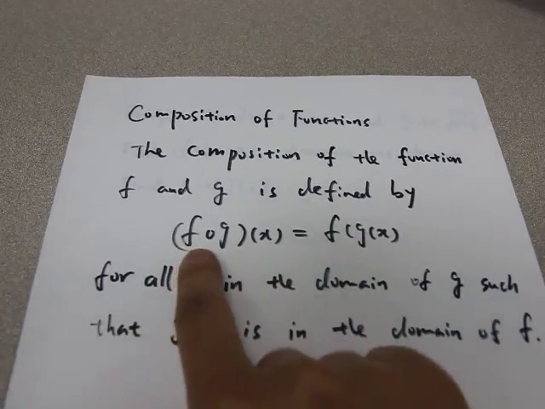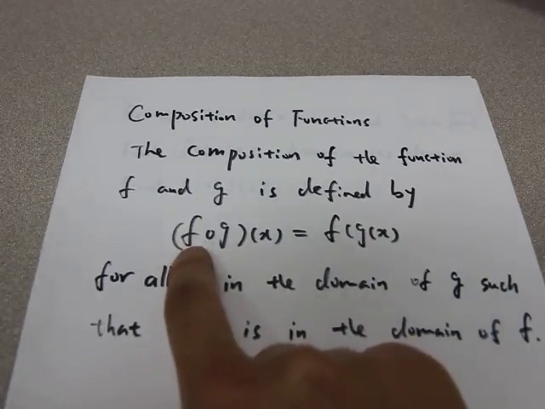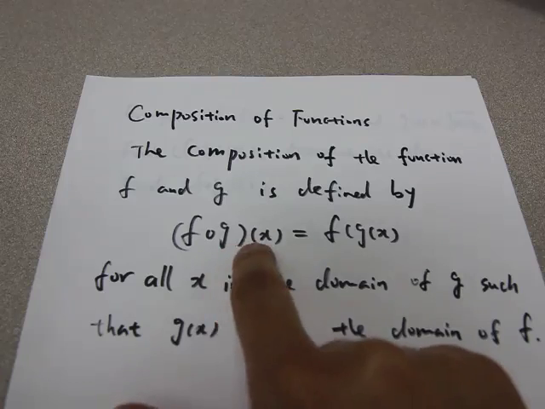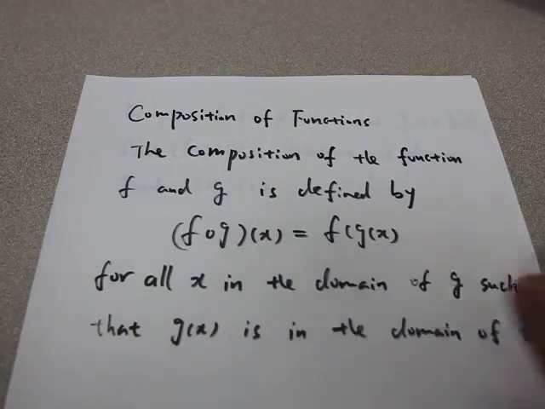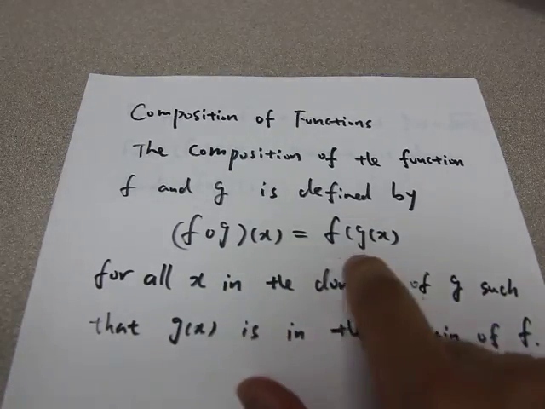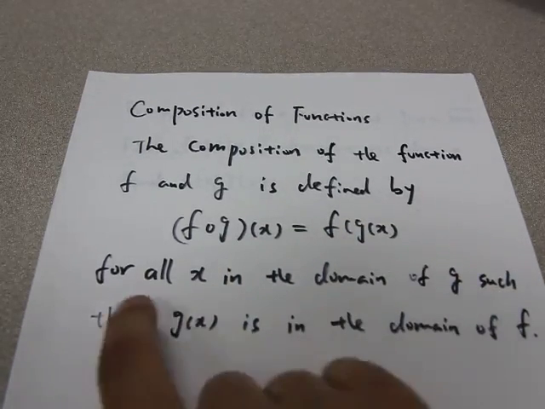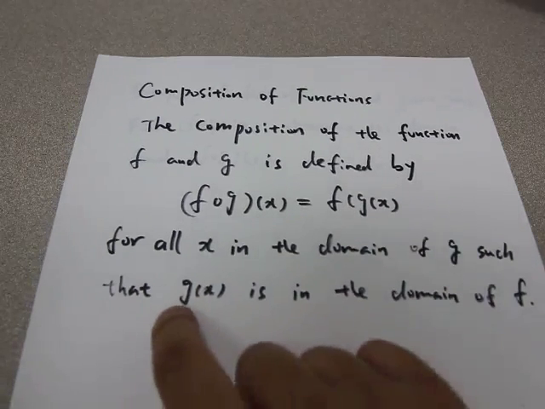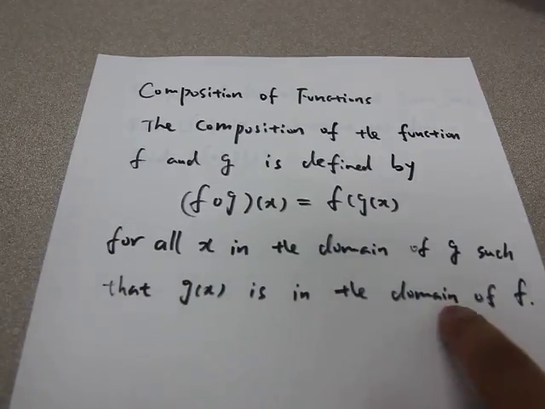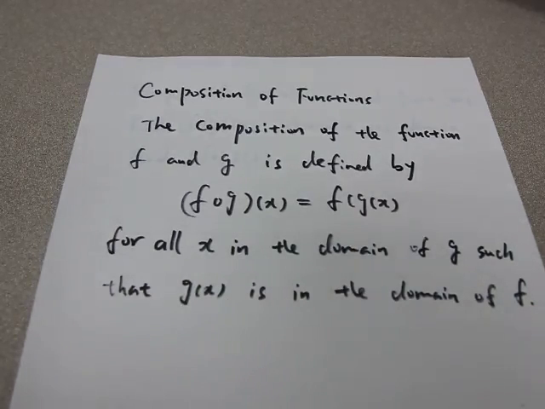This is read as the composition of f and g, and it equals f of g(x), and the domain of this function is all x in the domain of g(x), such that g(x) is in the domain of f(x).